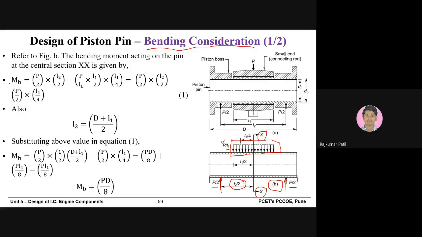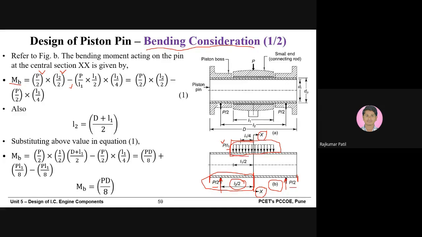So bending moment MB is equal to the force P by 2 into the perpendicular distance from XX, that is from this center. This is L2 by 2. So P by 2 into L2 by 2. This is the bending moment due to the force P by 2, minus the uniformly distributed force.